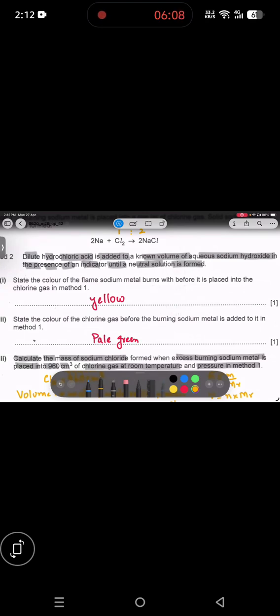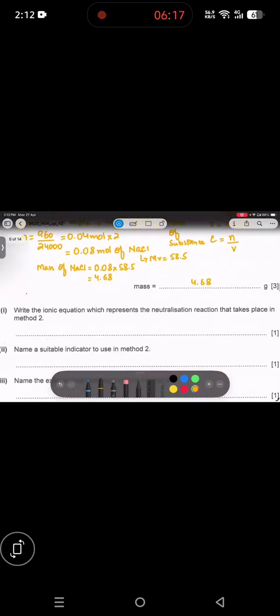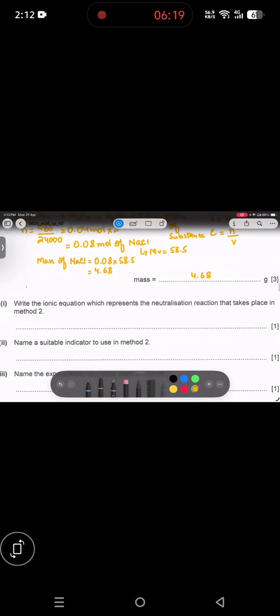In the neutralization reaction, whatever acid and base you have, you have to write down the equation: H+ aqueous plus OH- aqueous, arrow, H2O as a liquid.